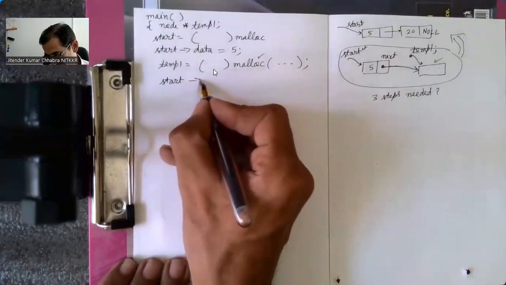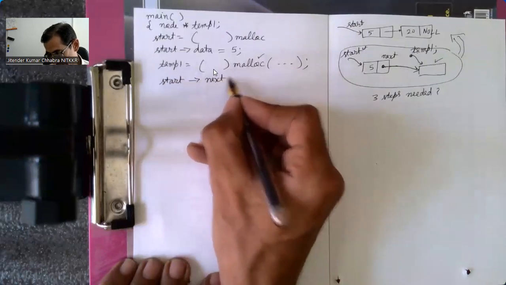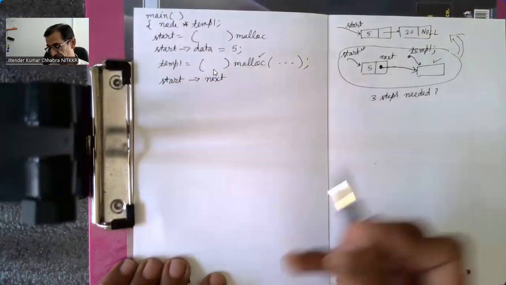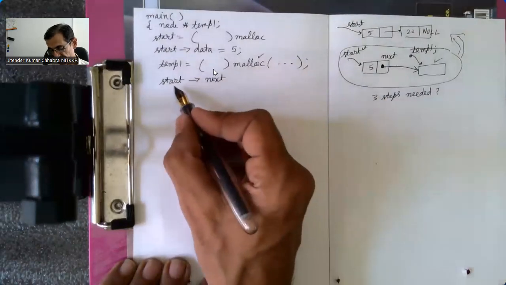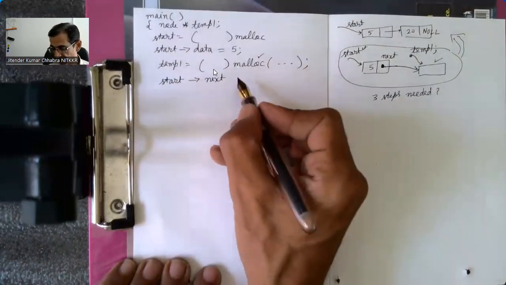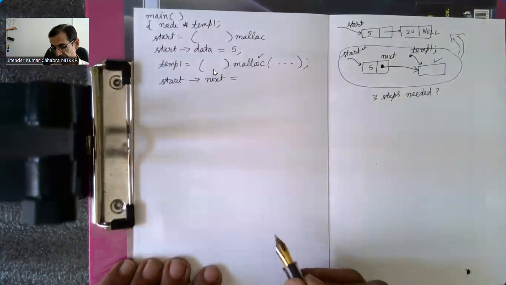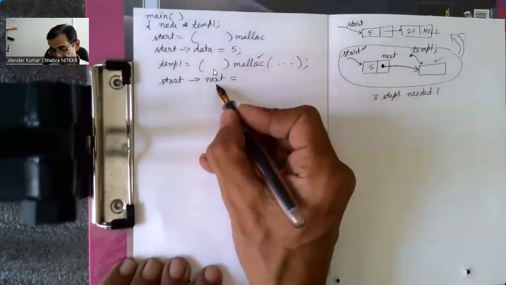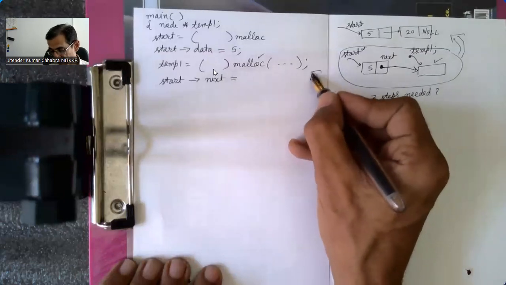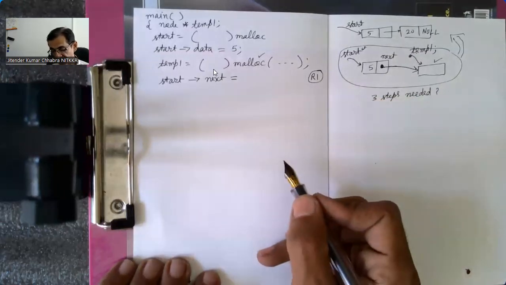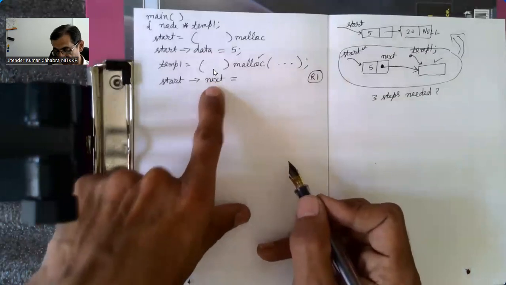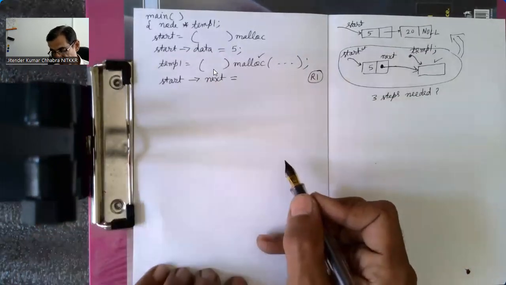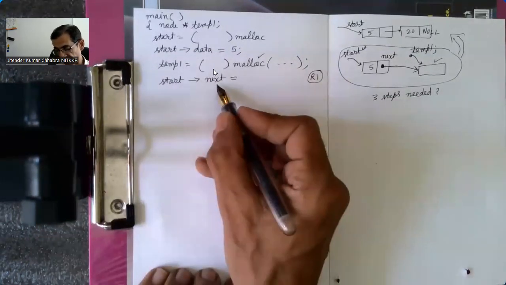Start arrow next is the field which is to be assigned. Arrow next, or the dot, star start dot next, anything you say, to be assigned something. What to be assigned? Next is an address. Rule R1 will be applicable. An address can be assigned as an address because the next variable is pointer type. So without a star used, it means it's an address always.